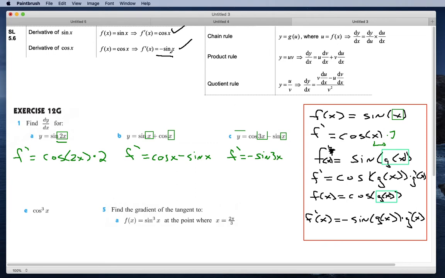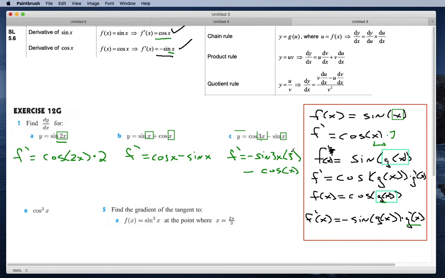But of course, we have to chain rule that in here, right? And derive what's in the box. So the derivative of 3x here is 3. And then we're going to subtract that. I'm going to do that down here because I'm running out of room. So the derivative of sine x is just cos x. So I have that here as well.